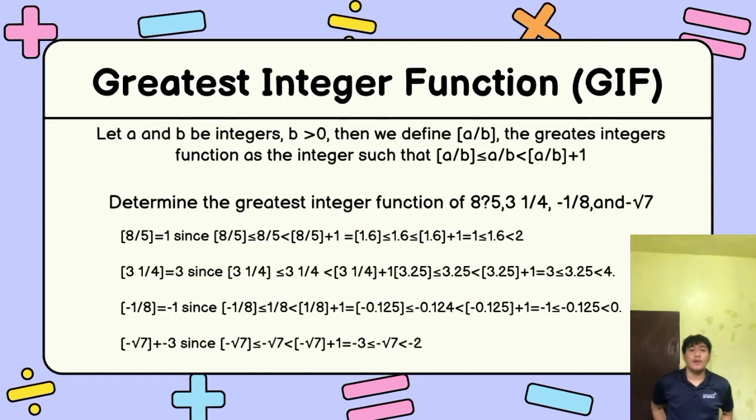This is the last topic of the report, the greatest integer function, or GIF. The rule is, let a and b be integers and b greater than 0. Then we define the greatest integer function of a over b as the integer such that it is less than or equal to a over b and less than that integer plus 1.